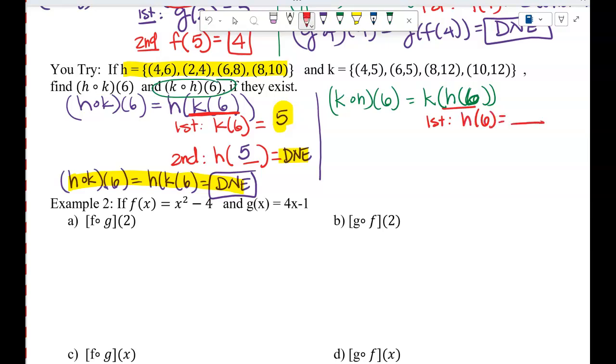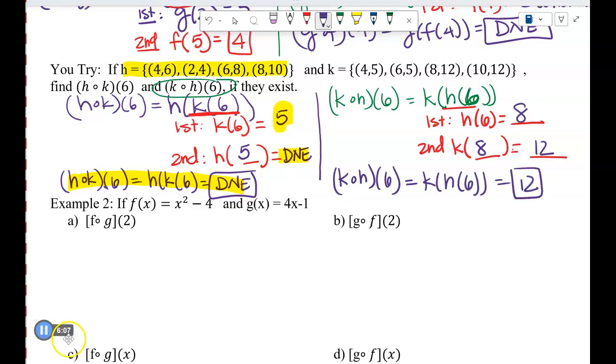Whatever that answer is, you're going to plug it into k and see if you can come up with an answer. So hopefully you have the final answer being 12, right? Because h of 6 is 8, then we have to go and do k of 8.